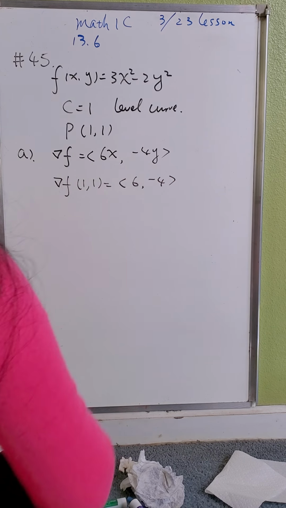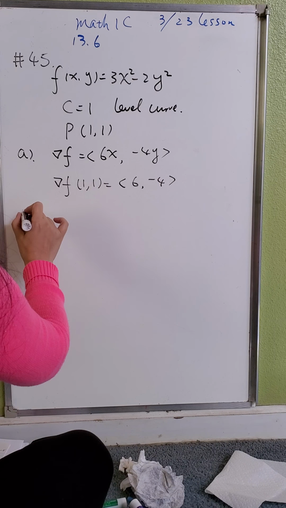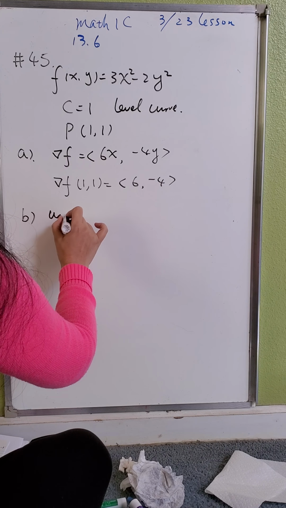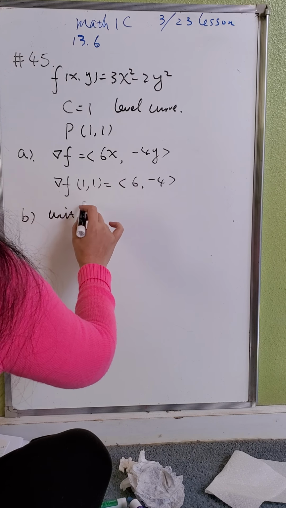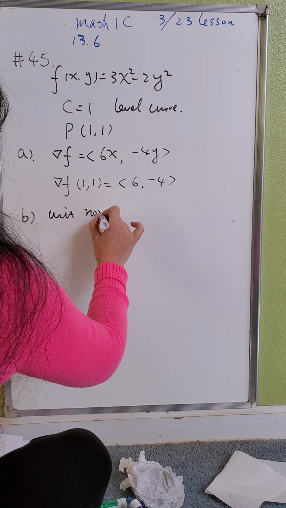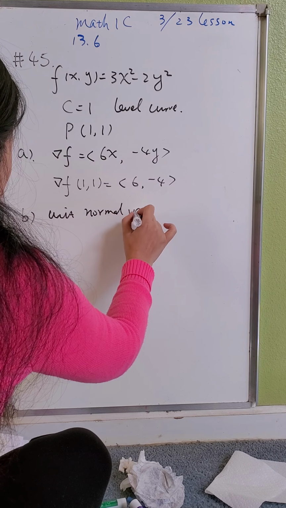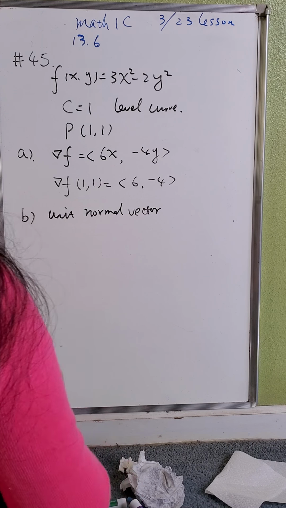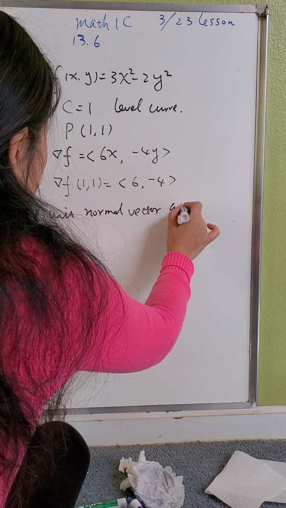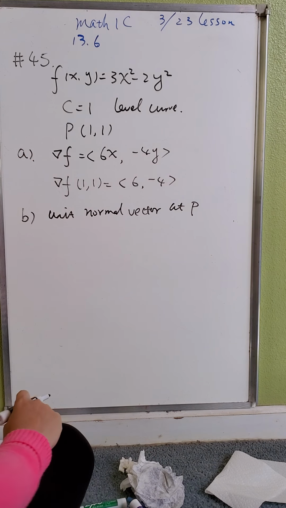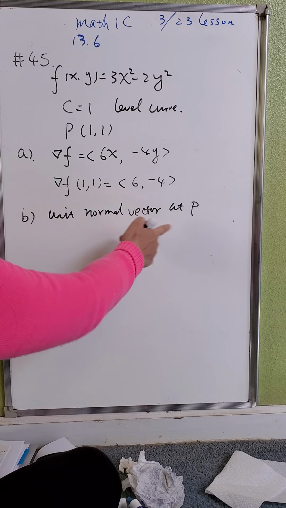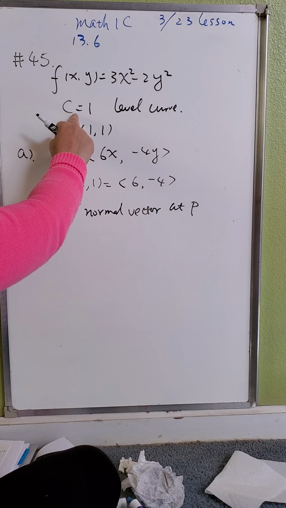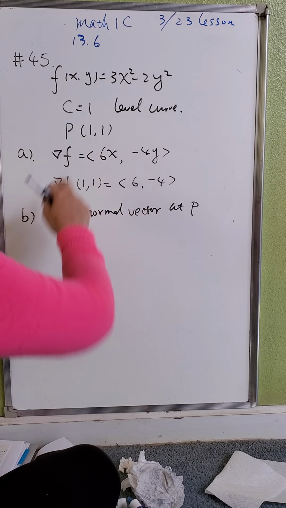And then number 2, part B, they want to find the unit normal vector. Find the unit normal vector at P. Well, the unit normal vector means a vector perpendicular to this level curve at this point.